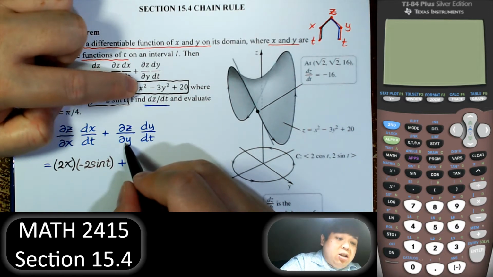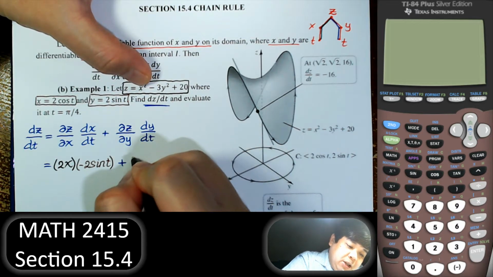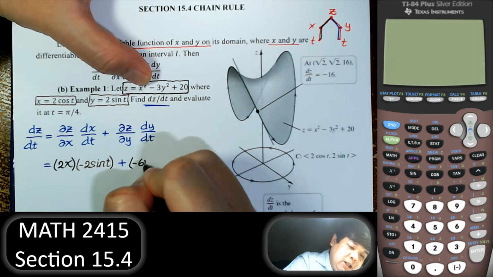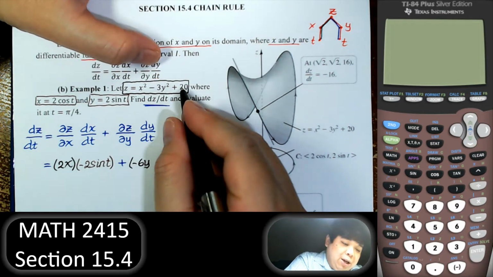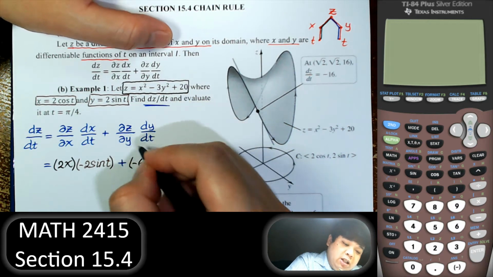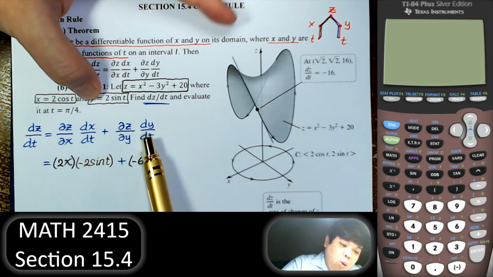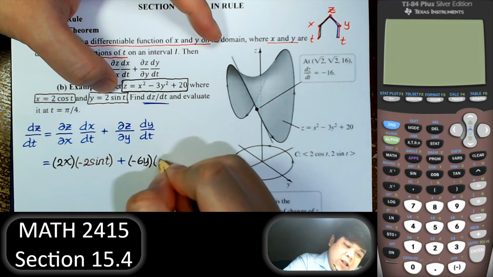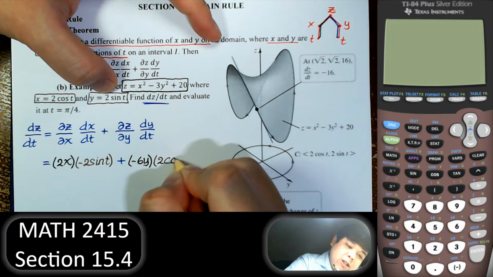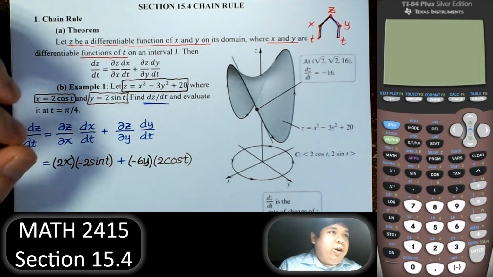X squared is a constant. Derivative of constant is 0. Negative 3y squared, derivative is negative 6y. 20, derivative with respect to y, derivative of constant is 0. So that's all we have. And derivative of y with respect to t, derivative of 2 sine t, 2 cosine t. Right. So that's simple enough, right?